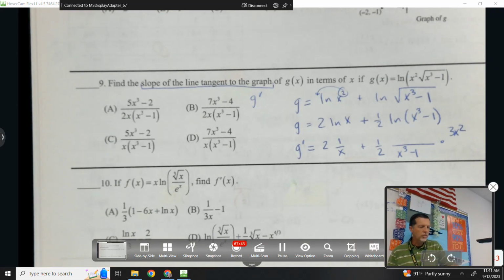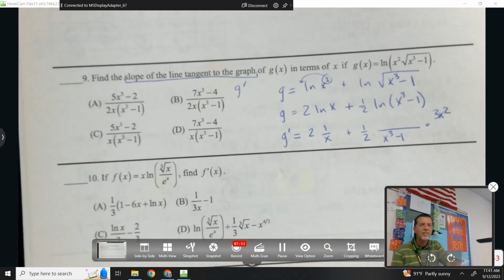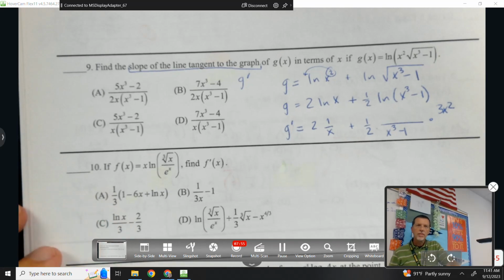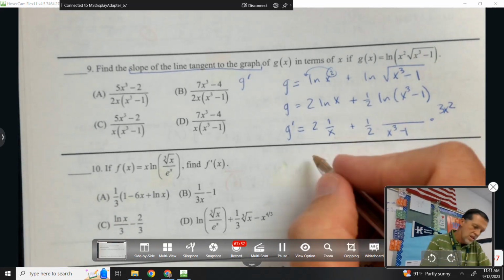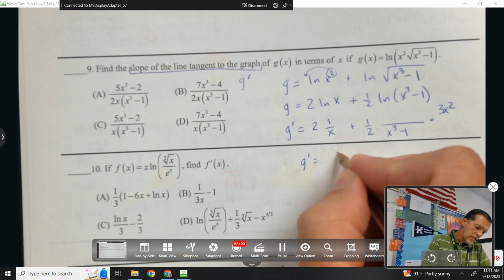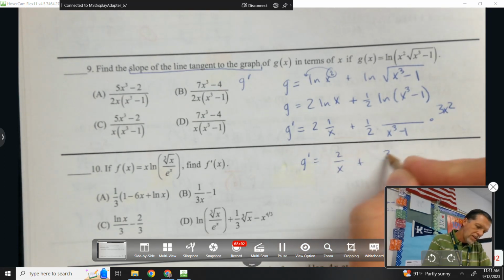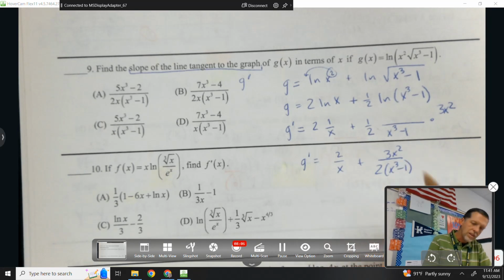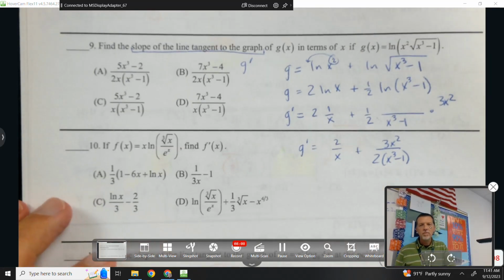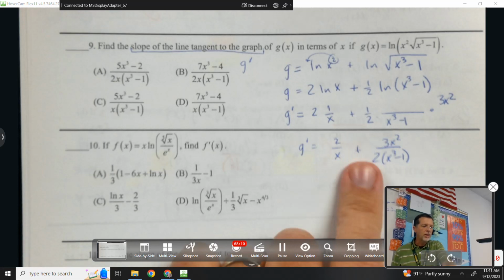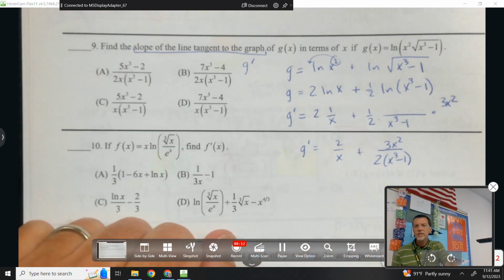And of course, none of our answers look like that. So what do we need to do to make our answer look like one of these? How do I turn this into this? So 2 over x plus 3x squared over 2 times x cubed minus 1. So what do I need to do to get from here to something over here?